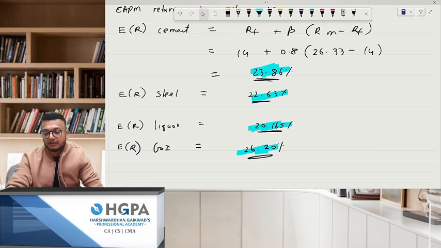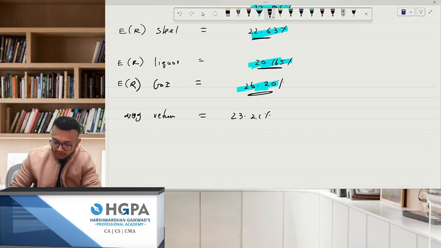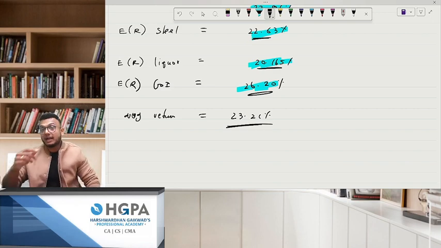How much is the simple average? 23.21 something. Average return is 23.21%. Okay, but write down a note.